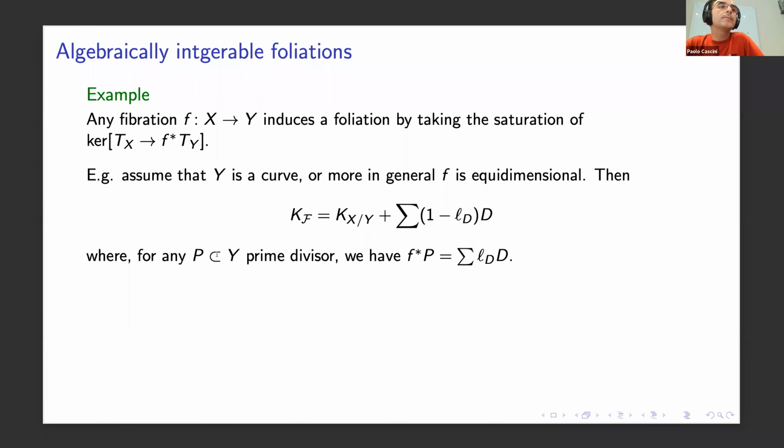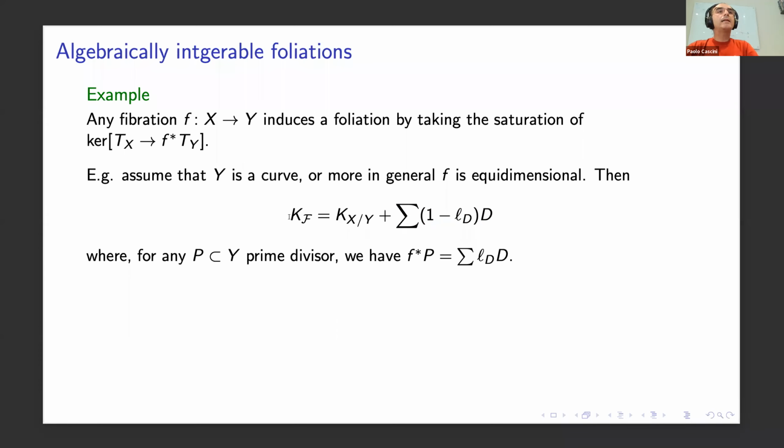So more precisely, if P is a prime divisor, then we denote by l_D the multiplicity along D of the pullback of P. And the error term is given by this factor here. Of course, for almost all divisors it will be 0 because l_D will be equal to 1 for almost all vertical divisors. So there will be only finitely many on which this is supported.